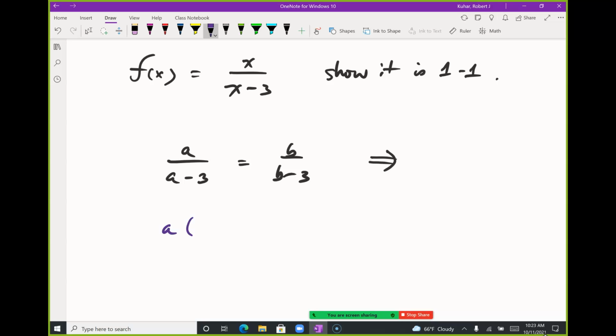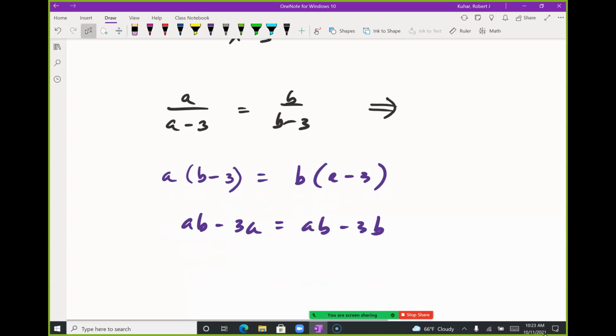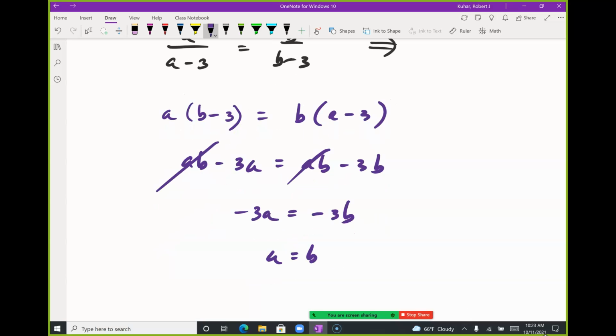Do you have to make the denominators the same? You could. It's easier than that. Get rid of the denominators. Yeah. Cross multiply. So I get ab minus 3a equals ab minus 3b. And obviously the ab's go away. And I divide by -3, I get a equals b. Done.